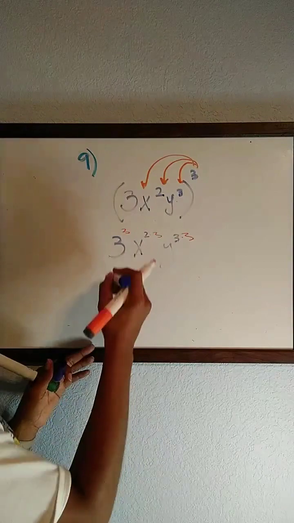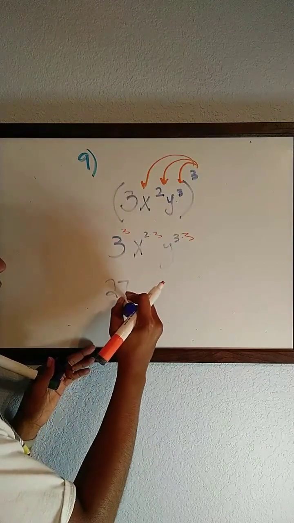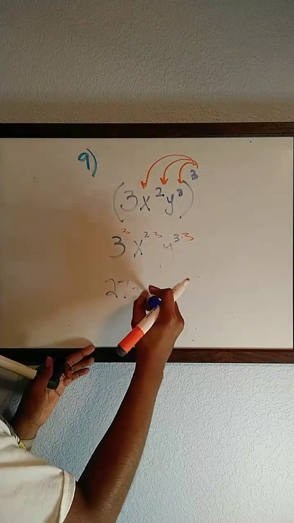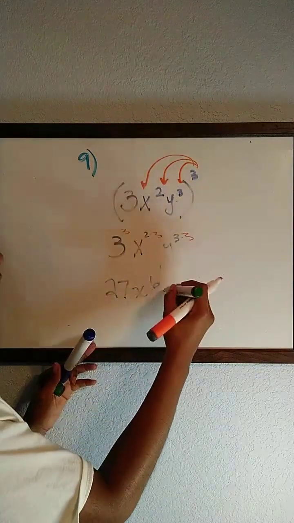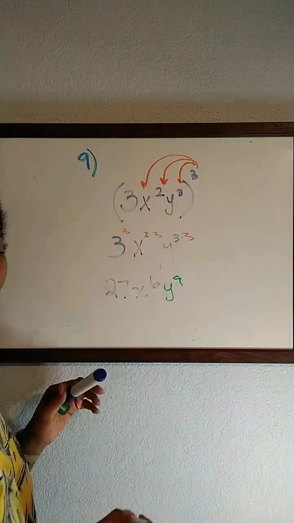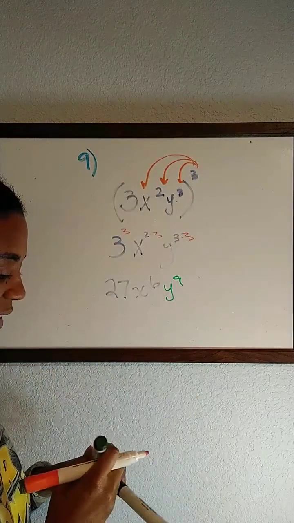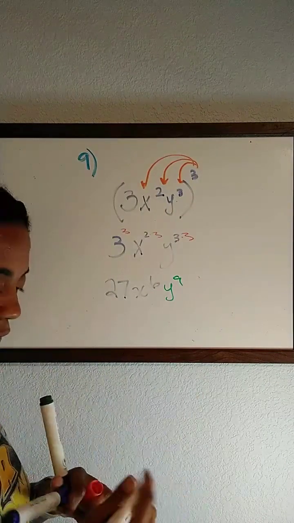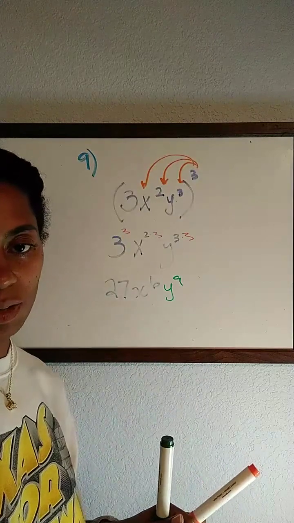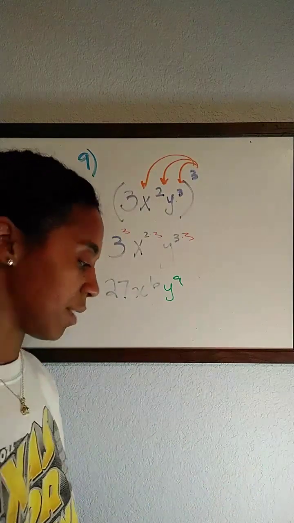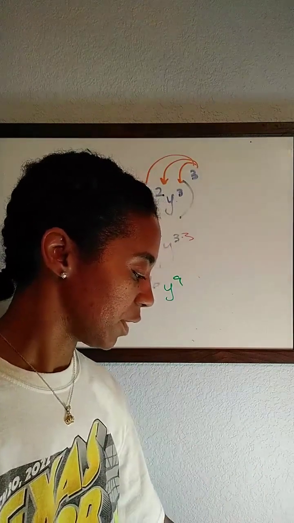And then we have 3 to the power of 3, which gave us 27. X to the 2 times 3, which gives us x to the power of 6. I'm going to get a new marker. And then y to the power of 3 times 3, which gives us y to the power of 9. Just like that. So if you know the rules and you can apply them correctly, then you can absolutely do them. But if not, then you got to do that.